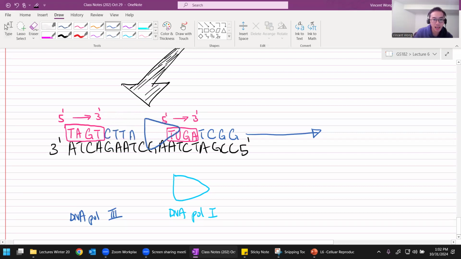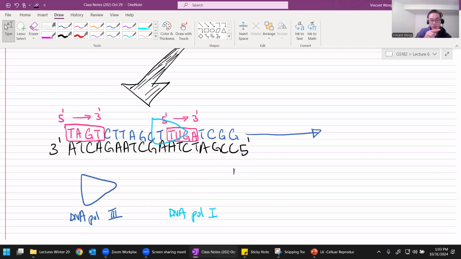CTTAGCT. But what happens is when the polymerase 3 gets to the primer in front of it, then it will fall off. And then it will signal polymerase 1 to take over. And the function of polymerase 1 is to remove the RNA primer and replace it with actual DNA.